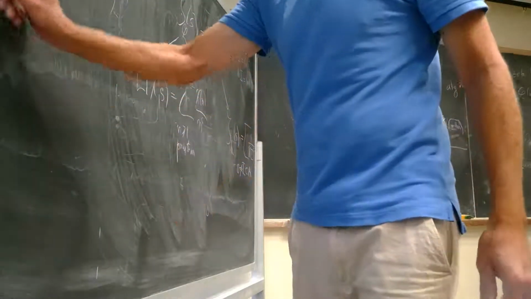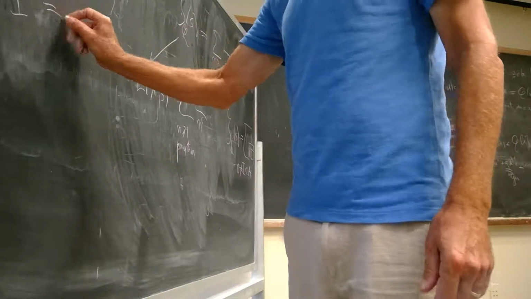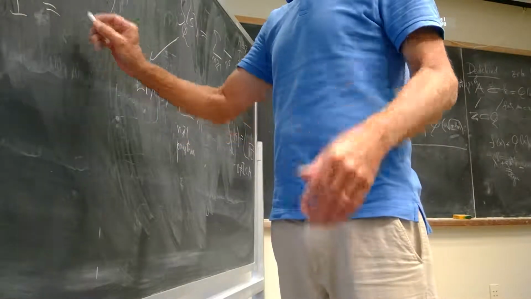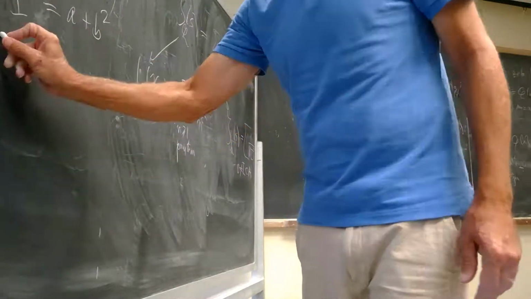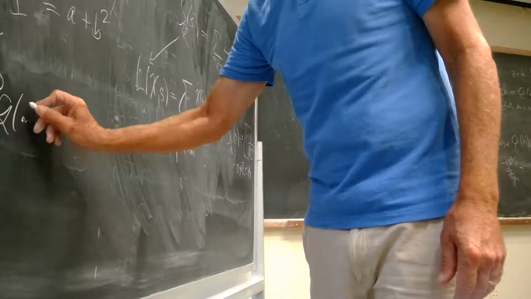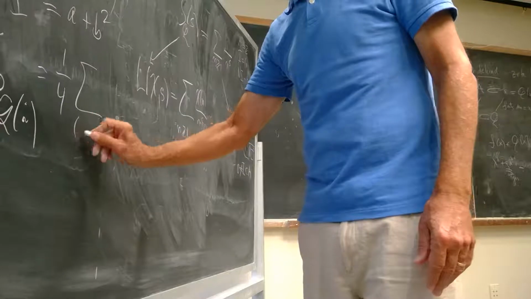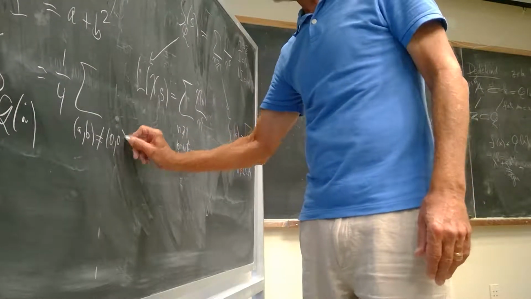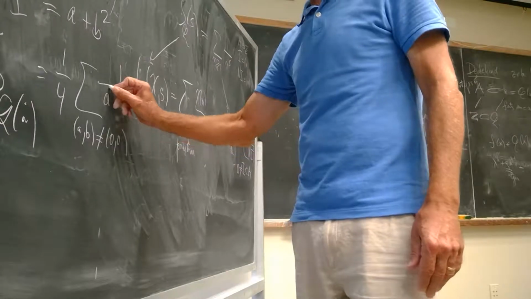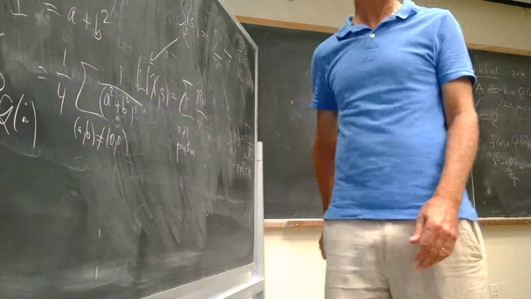So the norm of I, the index of this ideal, is the absolute value of the norm of this element, which is just a squared plus b squared. And so the zeta function of Q(i) would be 1/4 the sum over all pairs a and b, which are non-zero, of 1 over (a squared plus b squared) to the s power.